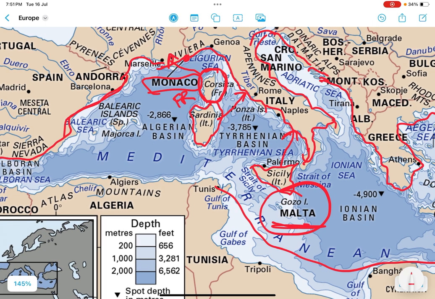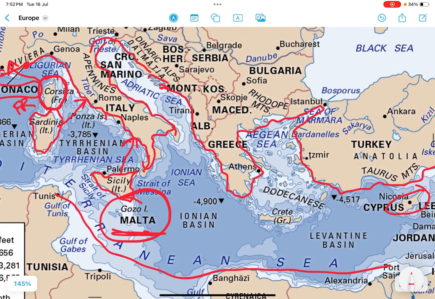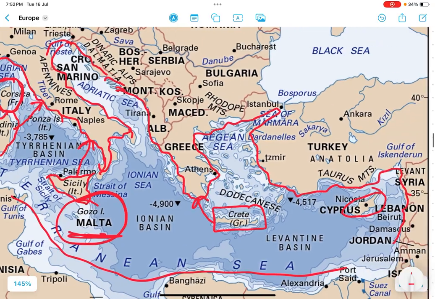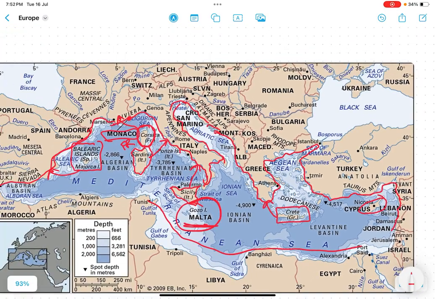So Sicily and Sardinia belong to Italy, and Corsica to France. Then we have the Balearic Islands that are part of Spain. Then we have Crete that is part of Greece. So these are some islands in the Mediterranean Sea.